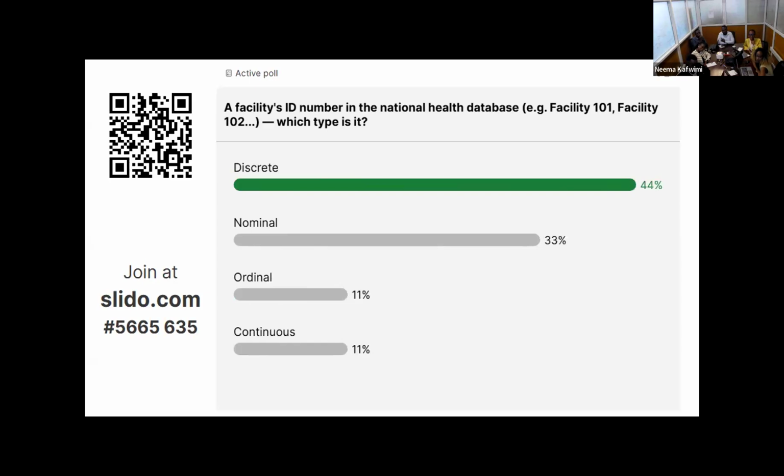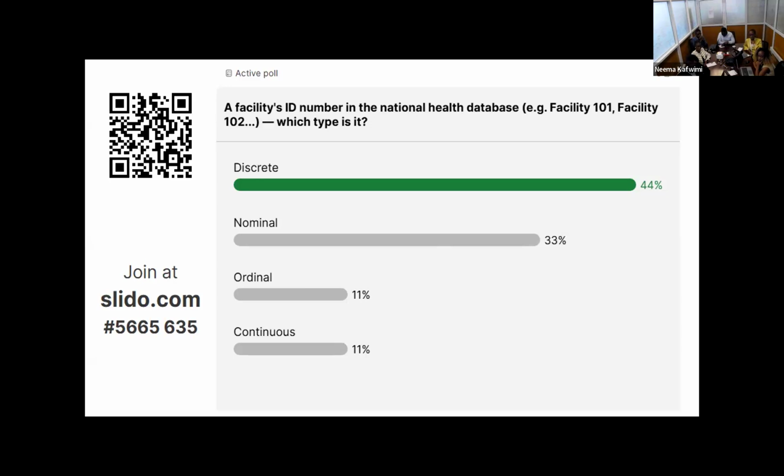Okay. Here we have the variable of a facility ID number in the National Health Database, for example facility 101, 102. Which type is it? This question resembles the last question which we previously discussed. The facility ID number in the facility health database, you have facility that, facility that.